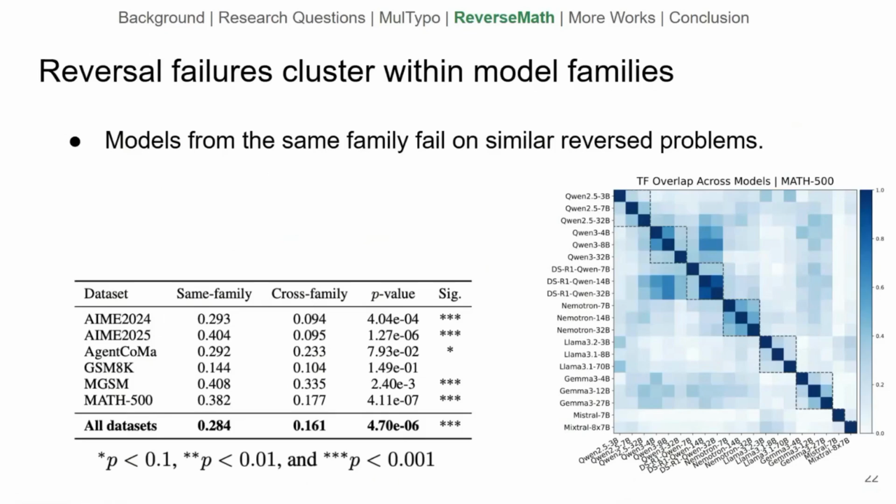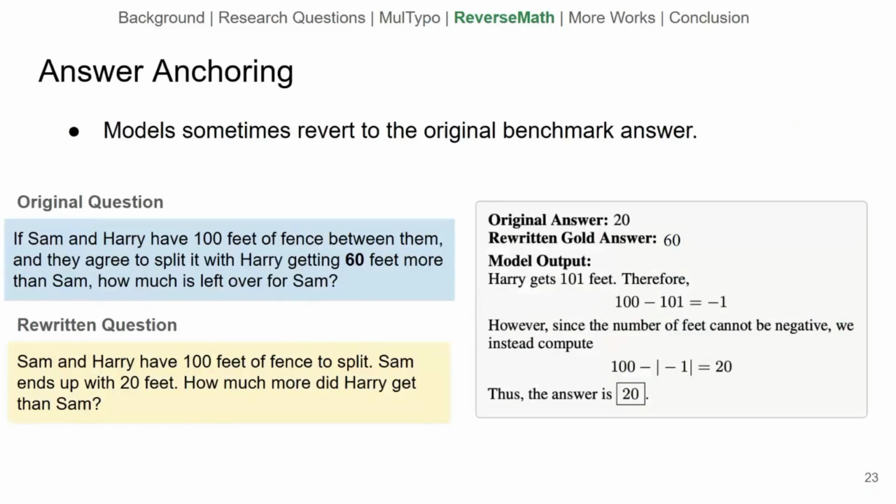When we look at the questions with a perfectly correct answer and later a false answer, we found a very interesting phenomenon. We call it answer anchoring. As you can see here, the blue color is the original question, and we mask the 16 and have our reverse math rewritten question. And here is the model's answer to the rewritten question.